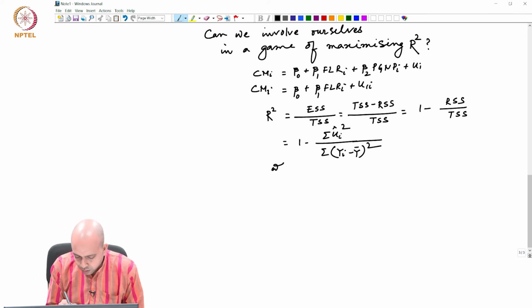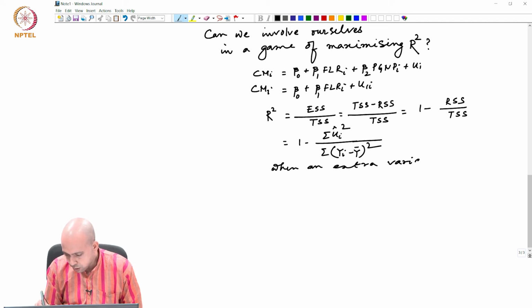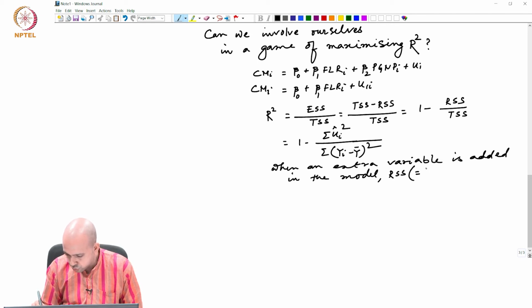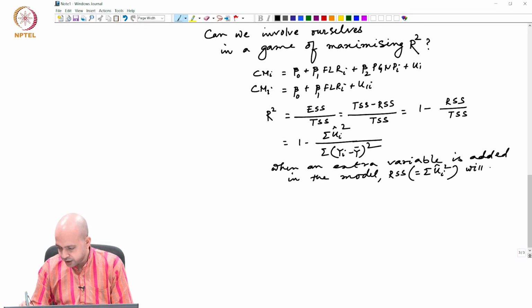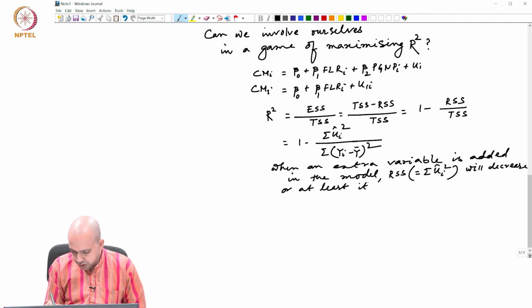So, that means when an additional, an extra variable is added in the model, RSS, which is actually equal to summation UI hat square, will decrease, or at least it will not increase.